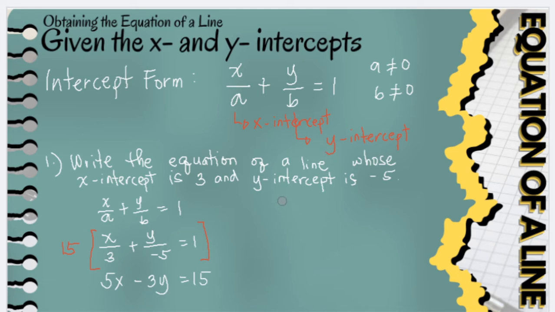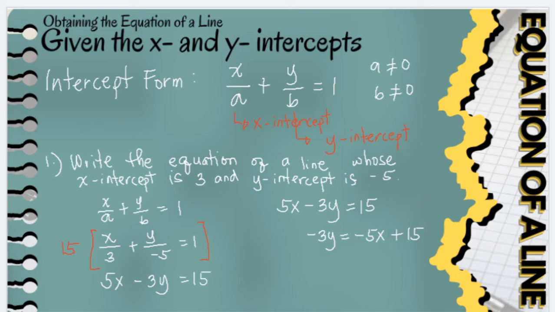If we're going to rewrite 5x minus 3y is equal to 15 in slope-intercept form, maiiwan yung -3y sa left side. And then using addition property of equality, we subtract both sides by 5x. And so we have here -5x and then plus 15.